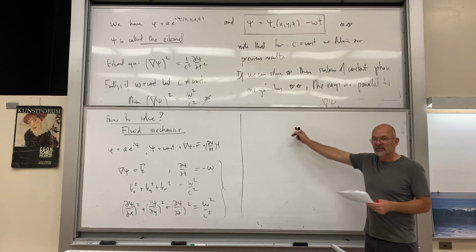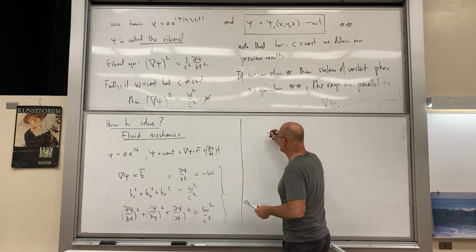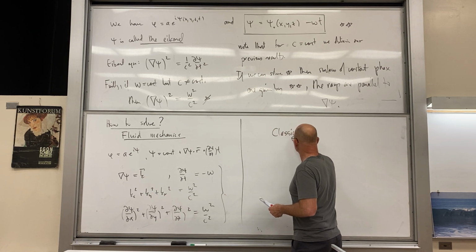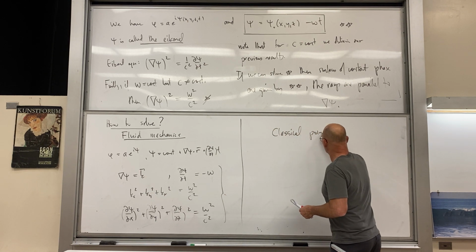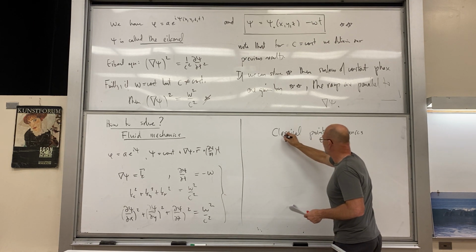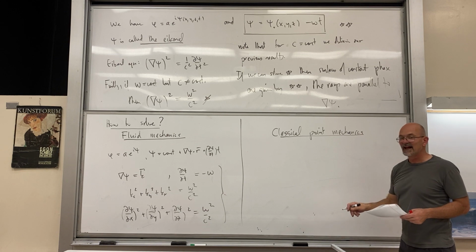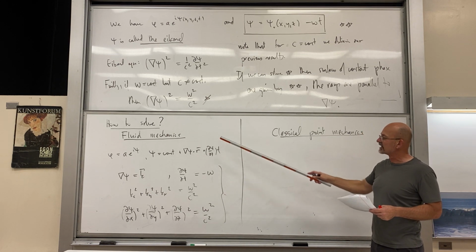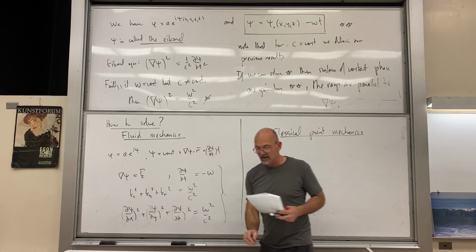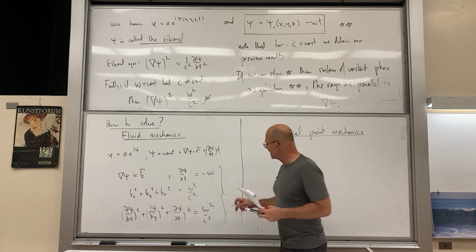Now this column here is called classical point mechanics, which is what we've been studying all semester. So what do we have in classical point mechanics that looks like this? We don't have this line here yet, but we have this.